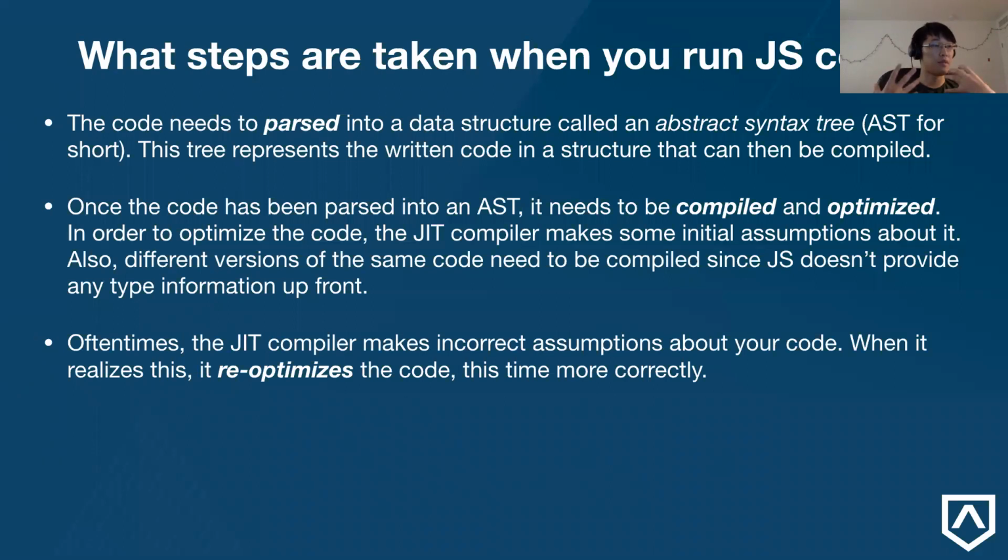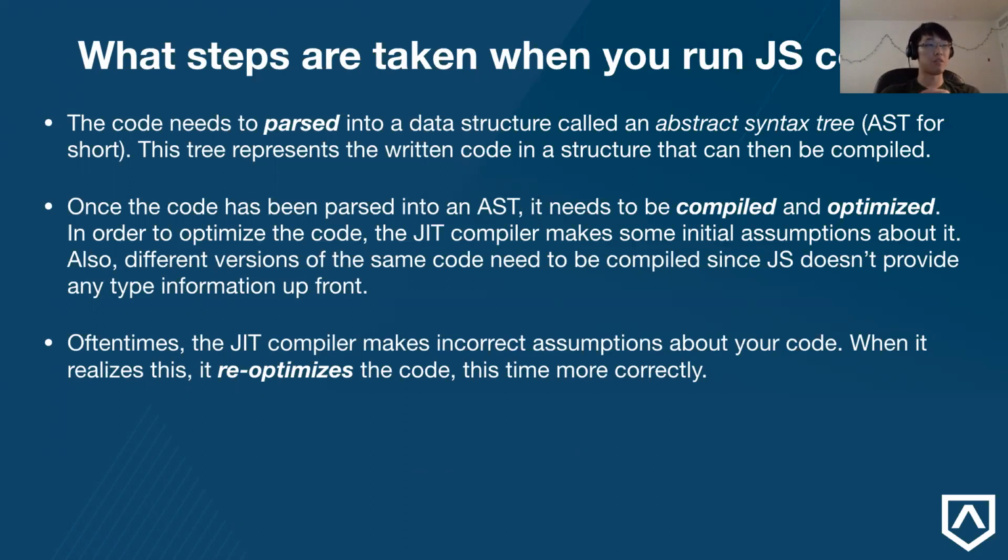Next up, because of the fact that the compiler, again, makes some initial assumptions about it in order to optimize your code on the first pass, you can imagine it's prone to getting some of those assumptions incorrect. So actually what happens is your JavaScript code, as it's being executed, goes through multiple rounds of re-optimization.